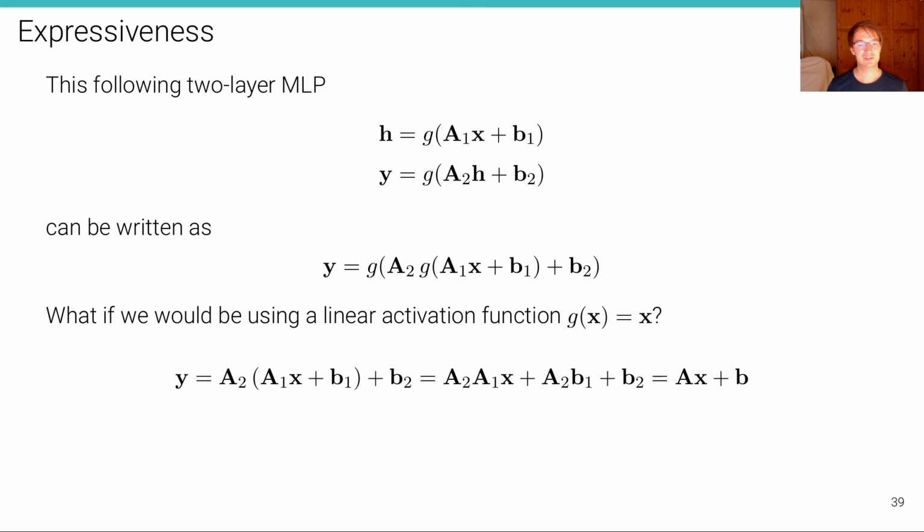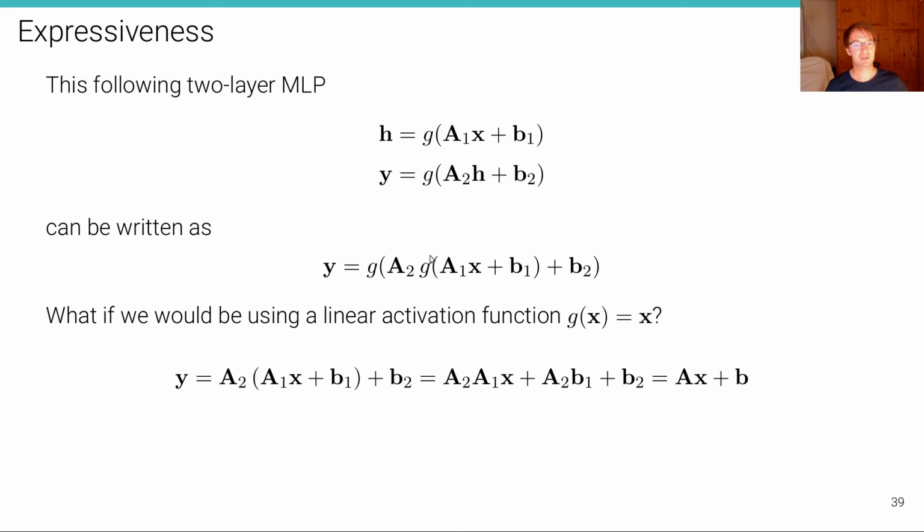And the reason for this is that no matter what the depth of this multi-layer perceptron is, if I'm choosing the activation functions as linear, I can always recombine by multiplying in the matrices, the equations, such that I end up with a linear equation again.